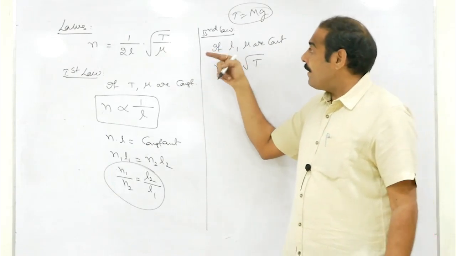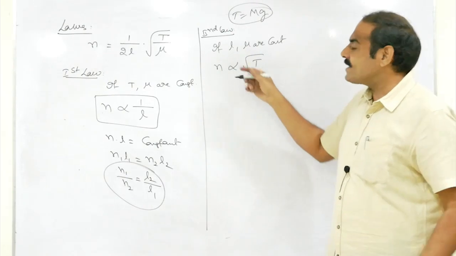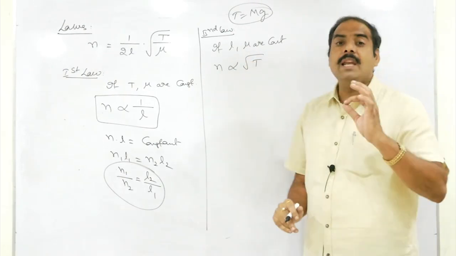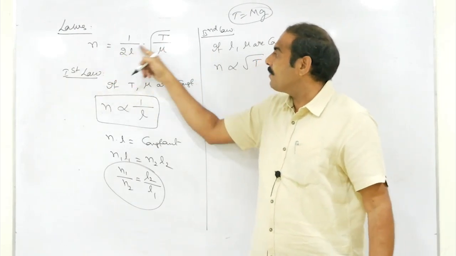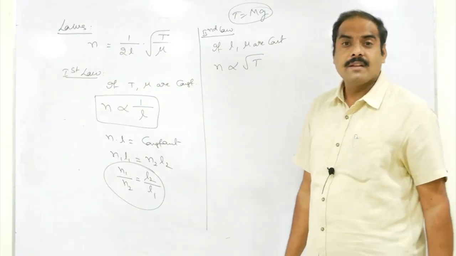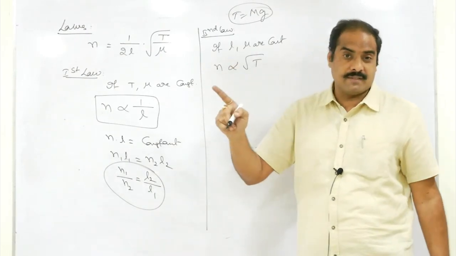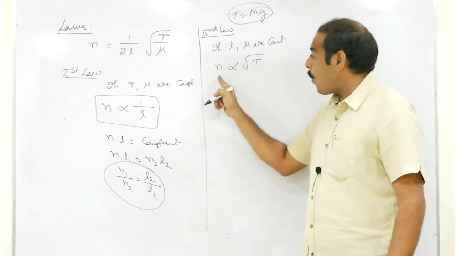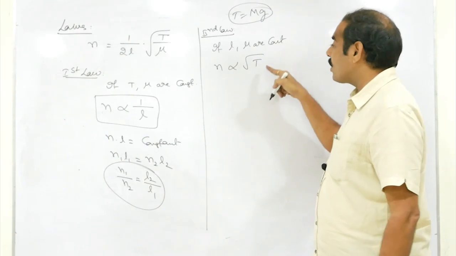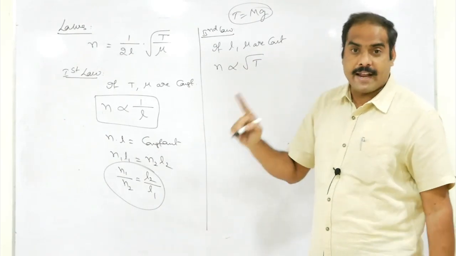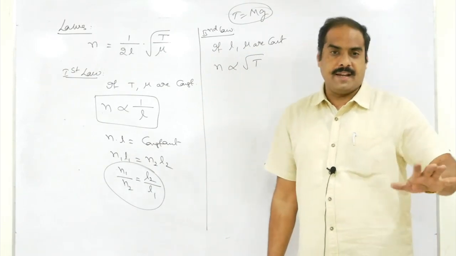While verifying the second law, you have to keep L, mu constant. L means vibrating length, mu means linear density, constant. Then how can you define? N is directly proportional to square root of T. The frequency of a stretched string vibrating in one segment is directly proportional to square root of the tension when length and linear density are constant.